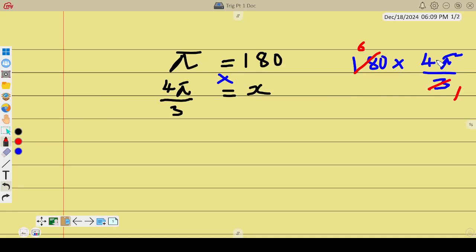So I have 60 times 4. What is 60 times 4? It's 240, and then we have a pi. So I've shown you how to multiply 180 by this. So 180 by 4 pi over 3, you know very well, is 240 pi.